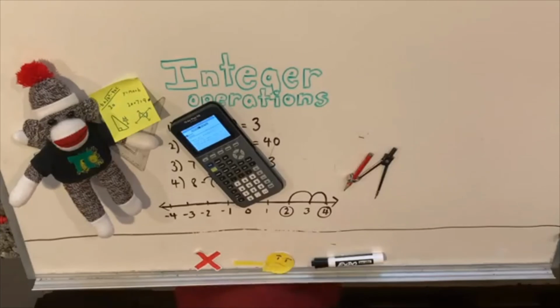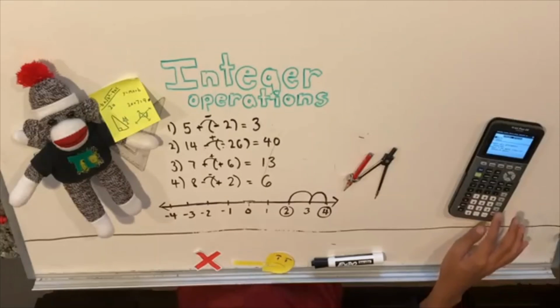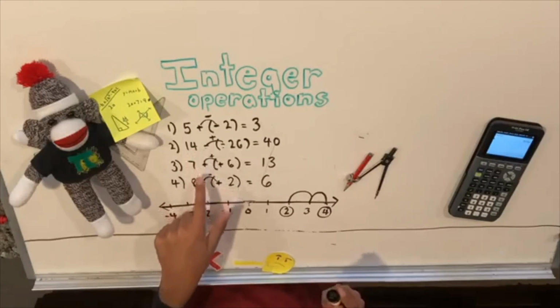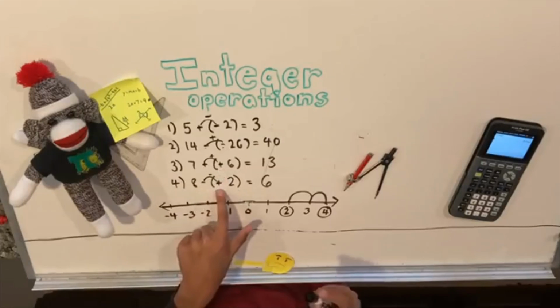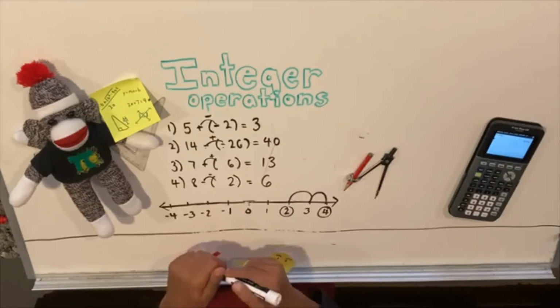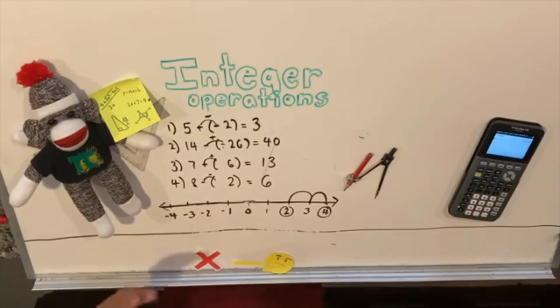So it doesn't really read that, which is why when we have situations like adding a positive or subtracting a positive, we really don't need this. So automatically you're just going to get 7 plus 6 and 8 minus 2 in those kinds of situations.